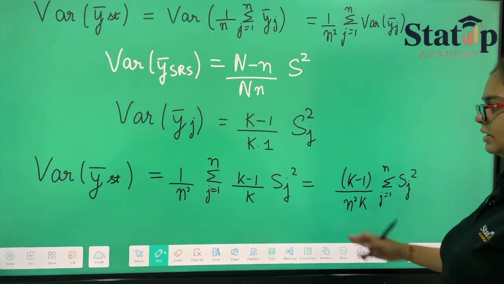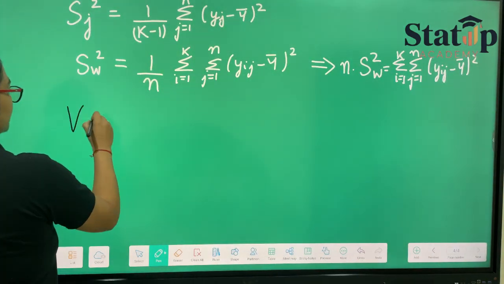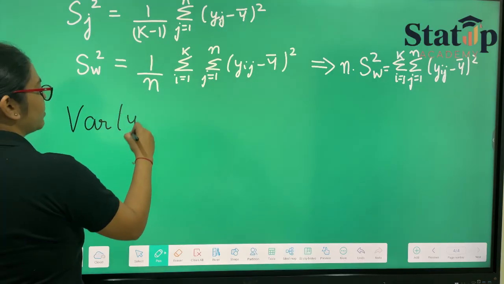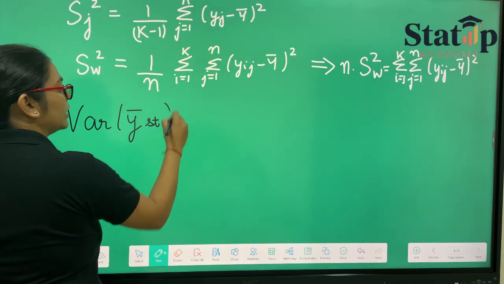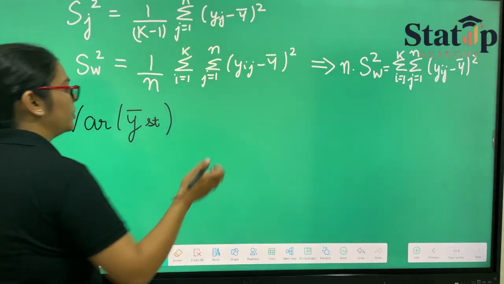So putting it in this equation, we will get variance of y bar st. We are calculating this in terms of systematic random sampling so that we can compare both of them.